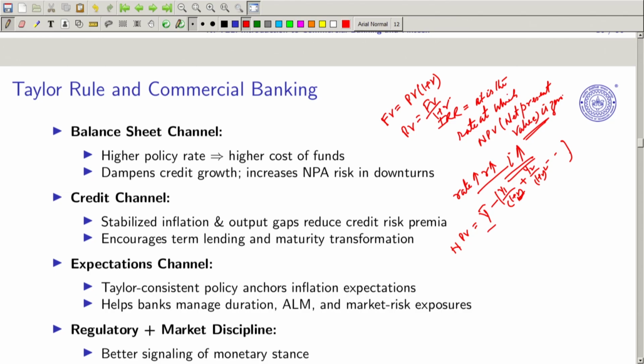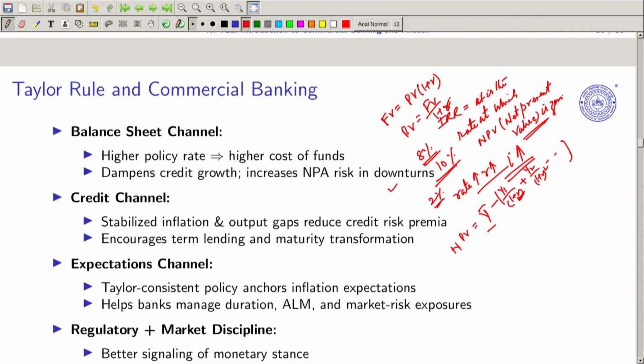So this rate, if it is higher, then you know that your overall value is going to be lower. If it is lower, then it is going to be higher, right? So this is what it implies, that overall when you are considering a project, if the rate of interest is higher, your borrowing cost is going to be higher, and a lot of your margin will be eaten by it. For example, if your IRR, based on this calculation, is coming out to be 10%, and the market is offering you the loan at 8%, it means that you have a spread of only 2%.